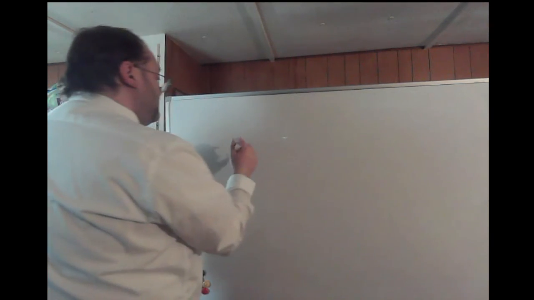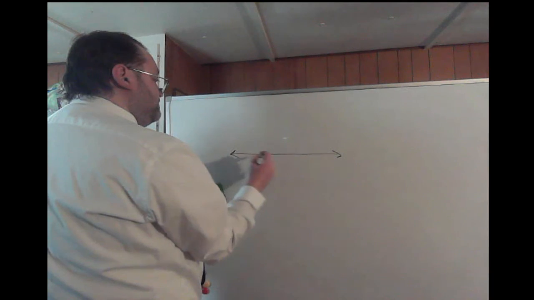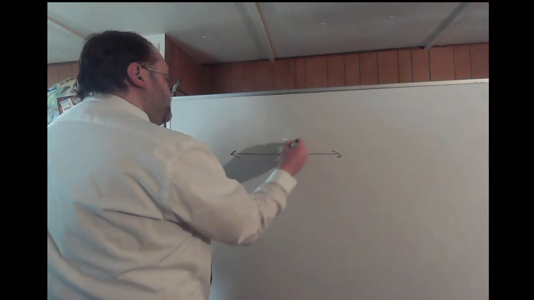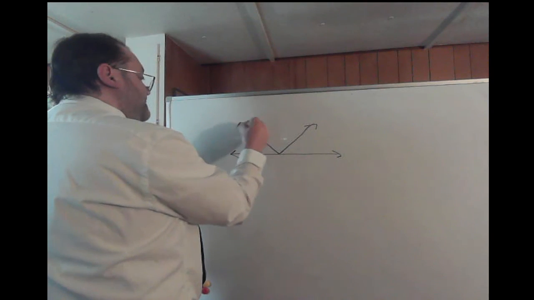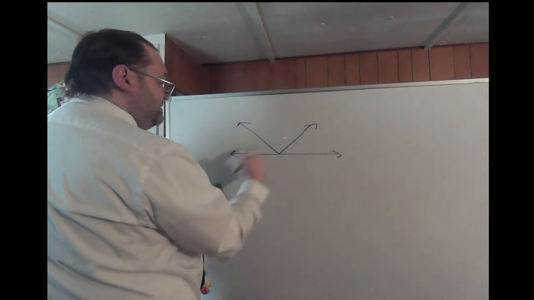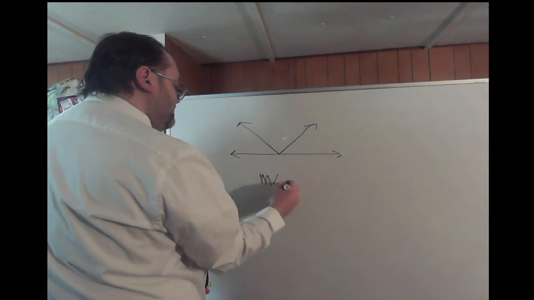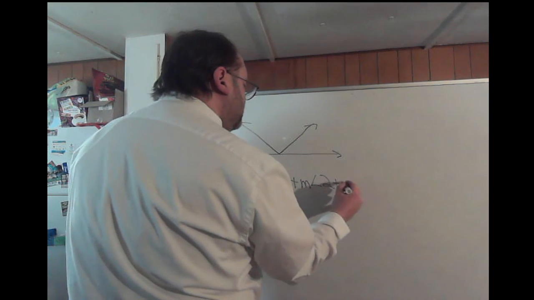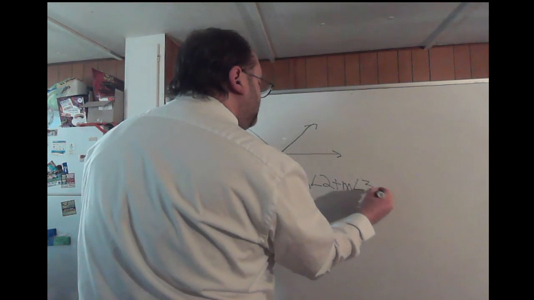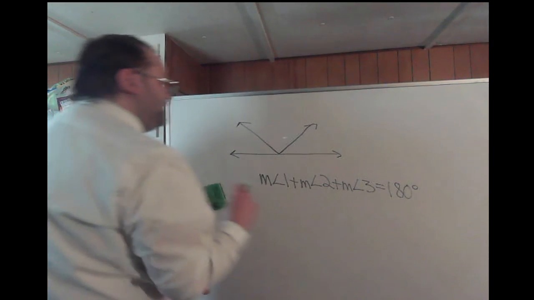And then last but not least, we have supplementary angles, where again you could do several angles here to get 180 degrees, but the point is however many angles you have to have supplementary angles, they should all add up to 180 degrees.